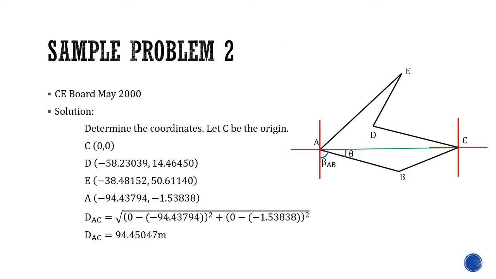Kasi ganito siya, eh. If i-zoom mo yan, yung C is nandito, yung A ay nasa south side ng C. Mas mababa, di ba? Negative nga siya, eh. Okay, so parang ganito yan kapag i-exaggerate natin. Okay, exaggerated figure, ito yan.